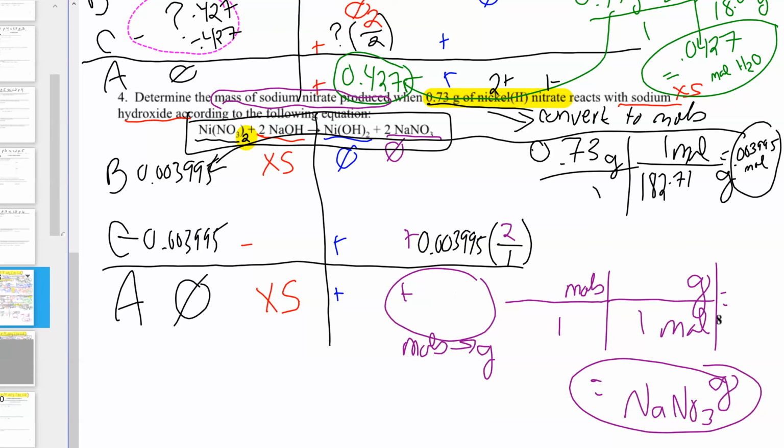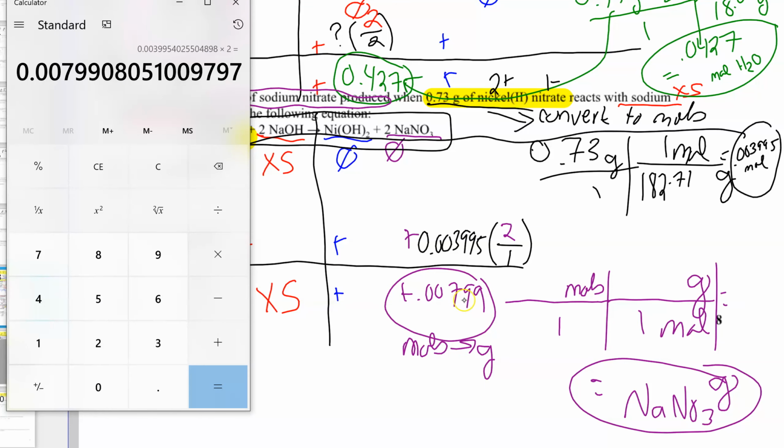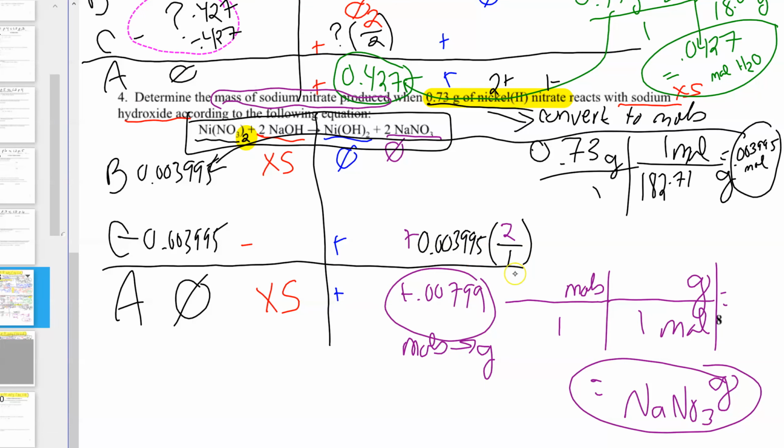Okay, so 0.00799. Yep. And then we need to figure out how many grams that actually is, because they don't want to know moles, they want to know grams. So the mass of sodium nitrate.